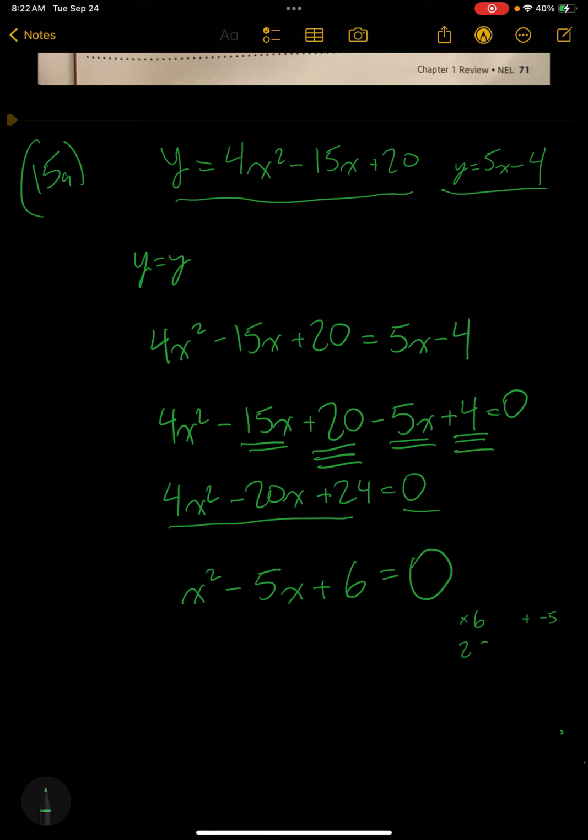What about 2 and 3? Minus 2 and minus 3 multiply to 6, and they add up to minus 5. So I have a winner.